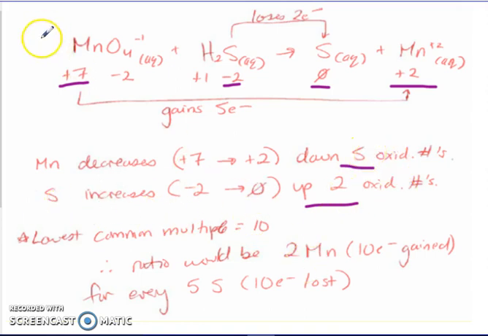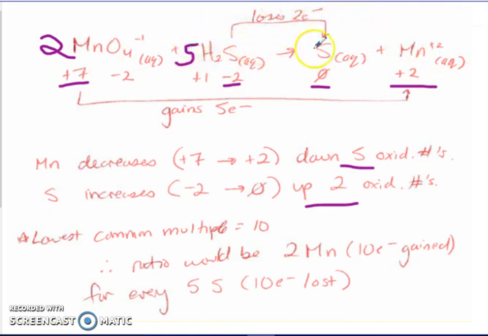So you would put a 2 in front of manganese, this is actually, sorry, permanganate ion, but you would put a 2 here because we need 2 manganese, and we would put a 5 here because we need 5 sulfur. So you would then balance out the product side for sulfur and manganese.